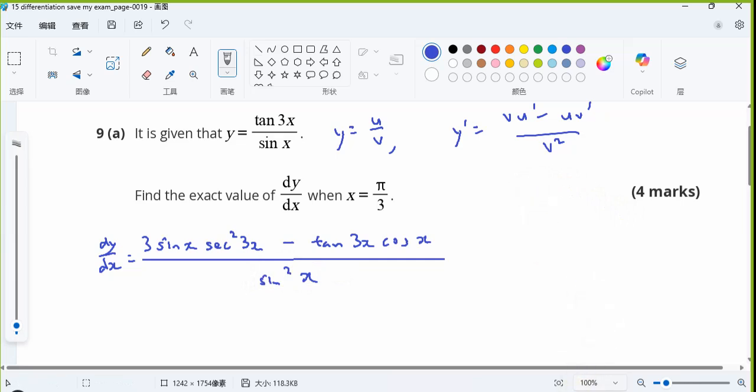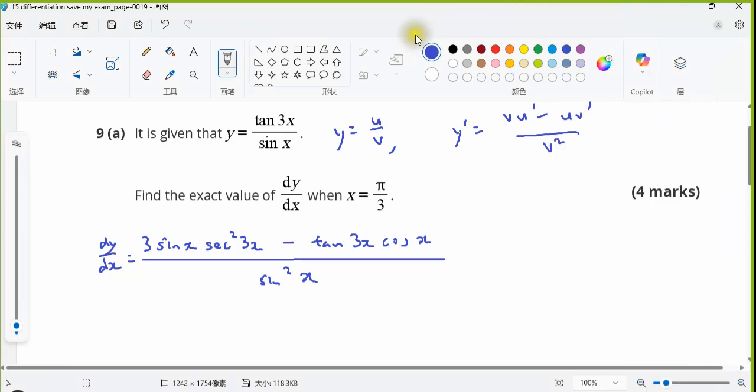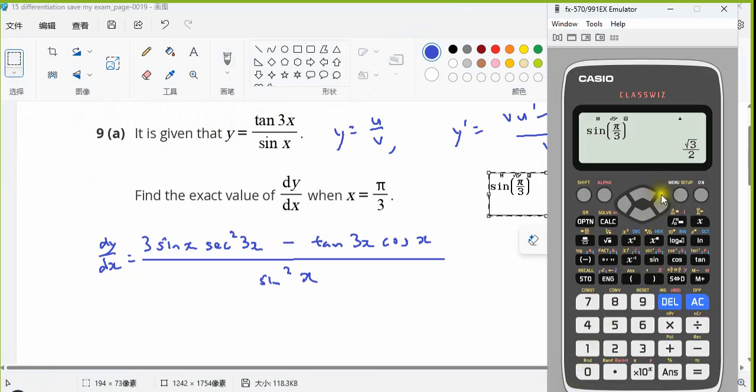So sine pi over 3, pi over 3 is 60 degrees, so sine pi over 3 is square root 3 over 2. And then the cos will be a half.